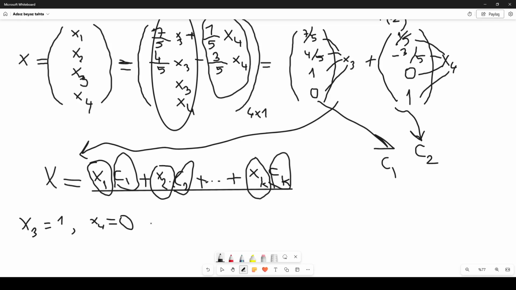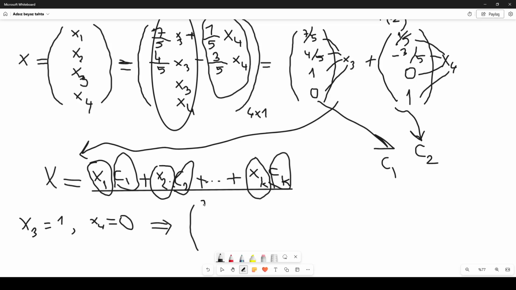When I plug these values into this general solution form, multiplying by 0 yields 0 in all entries, and summing up yields us only x3, because the coefficient is 1. So this should be the solution.